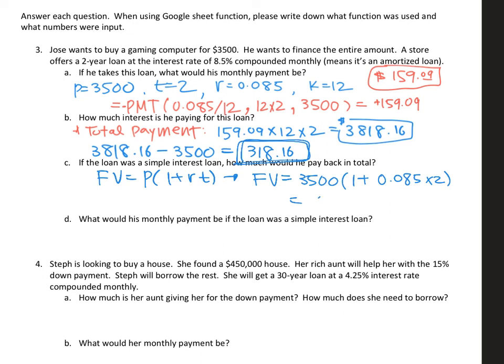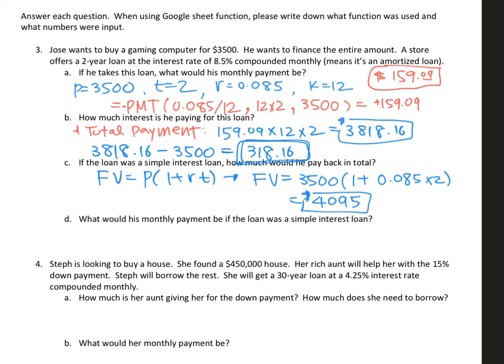Calculate that out, I get 4095. So if this was a simple interest loan, he would have to pay back $4,095.